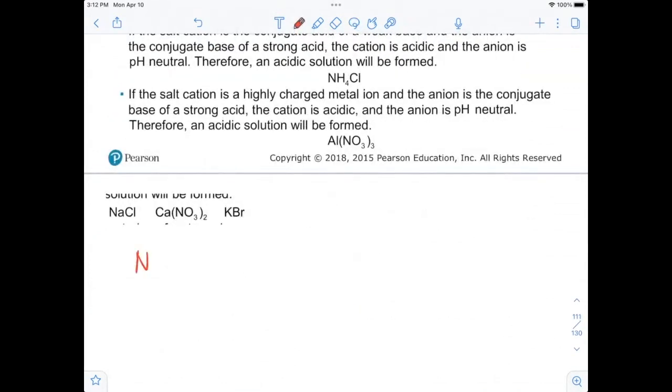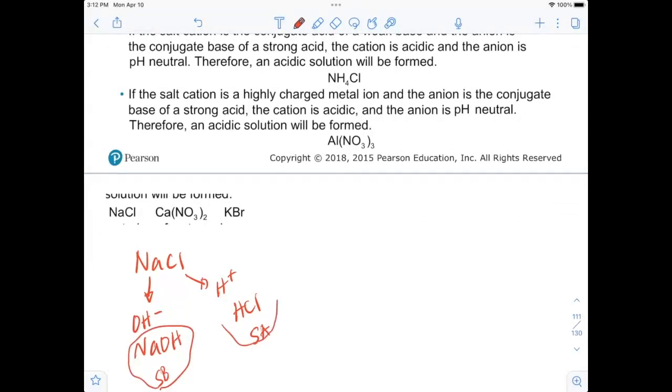Okay, so I'm going to start with NaCl. Add the OH to get NaOH. Add the H plus to get HCl. Strong acid, strong base. Okay? So that makes this neutral. Calcium nitrate. Okay?